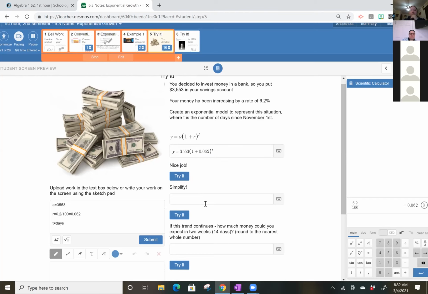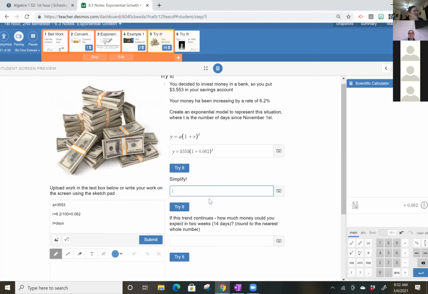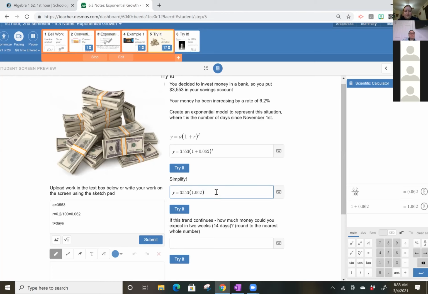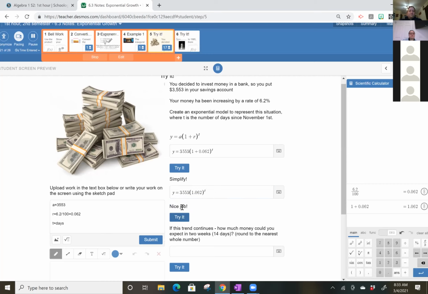All right, so when I say simplify, what's the only thing that we're simplifying here? The one inside parentheses. So all we're doing, once again, I really think you should just add it here. So then we have 3,553, 1.062 caret t.